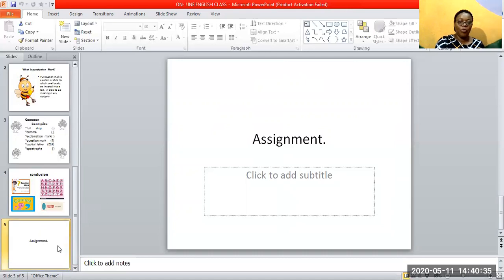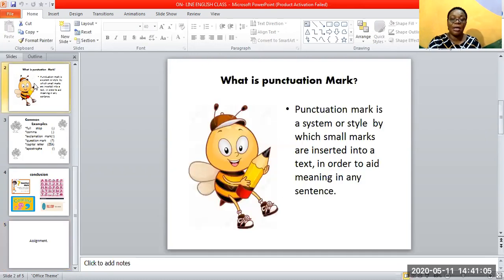Beautiful. At this point now, I shall bring this lesson to a conclusion by giving you a wrap-up of what I've just taught. And that is to say, punctuation marks are the marks, the correct use of full stop, question mark, capital letters, comma, apostrophe, inverted comma, and exclamation mark, not forgetting hyphen.